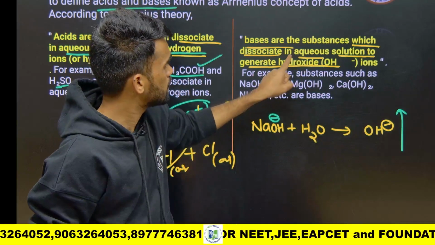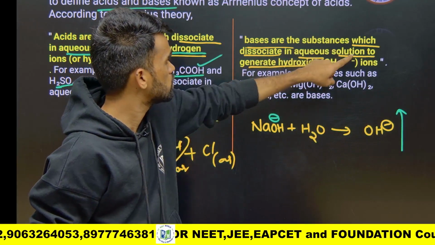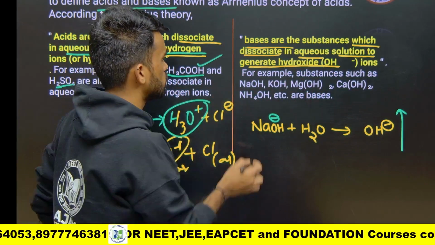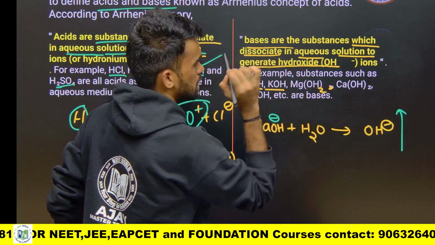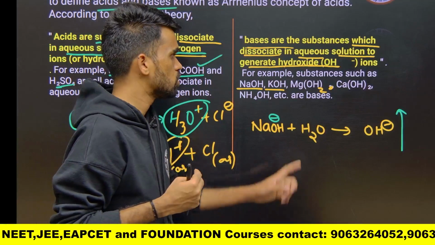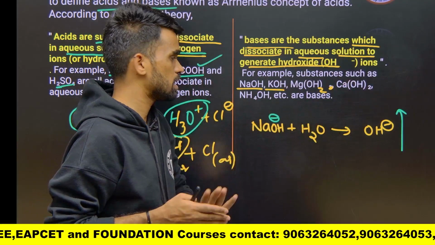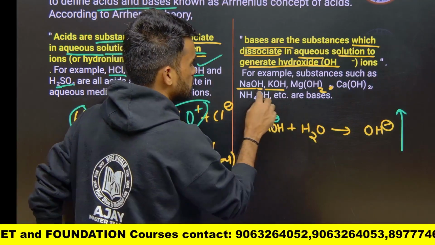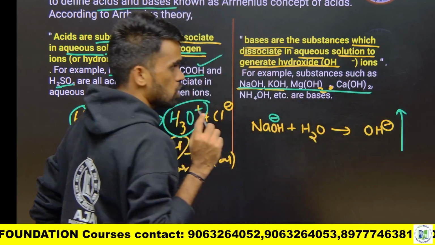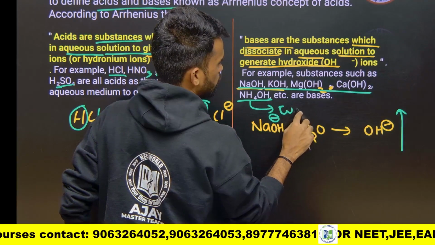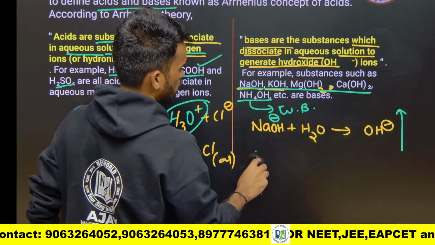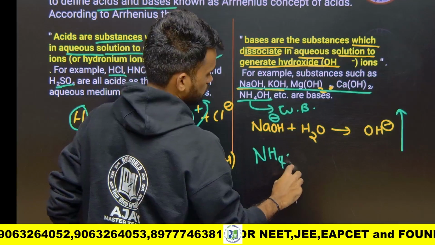So here we have written: dissociates in aqueous solution to generate hydroxide ion. This also generates hydroxide ion, and this Mg(OH)2 also generates 2 hydroxide ions. So that is also basic. Ca(OH)2 is also similar. Okay, so this first line, these are strong bases, and this is what? Weak base. This is a weak base. Okay, so NH4OH I am taking.